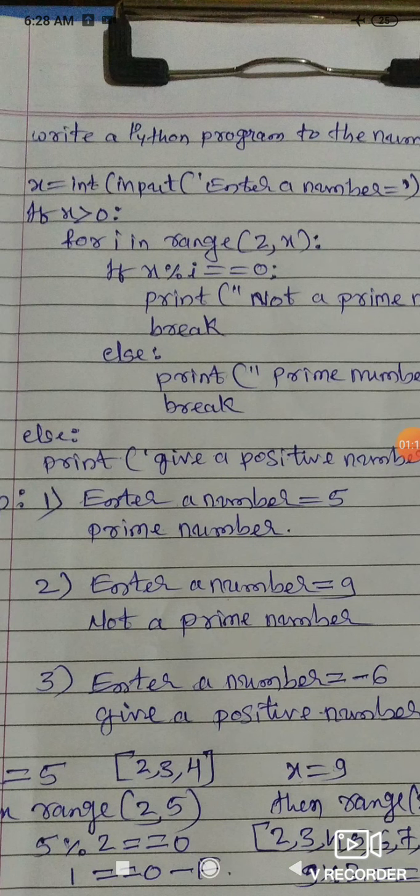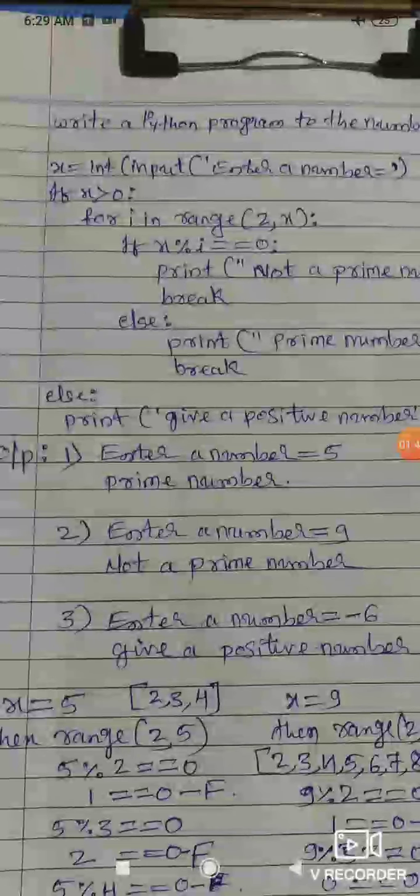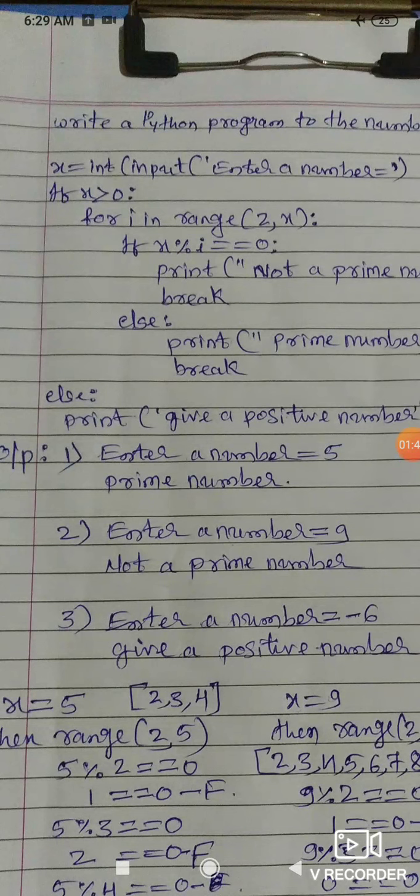In Python, input is a reading function, and in it we write the string 'Enter a number' in single quotation marks. We can put a string in single quotation or double quotation; both work in Python.